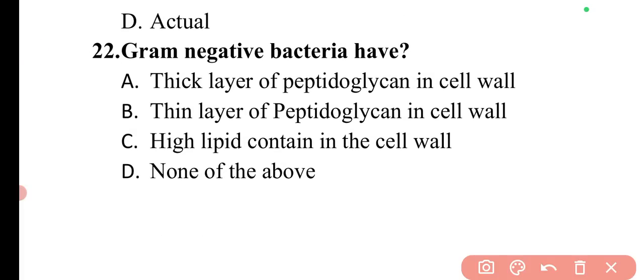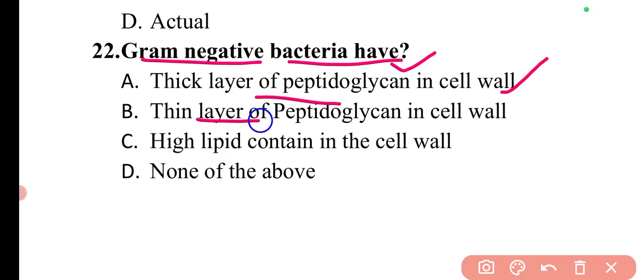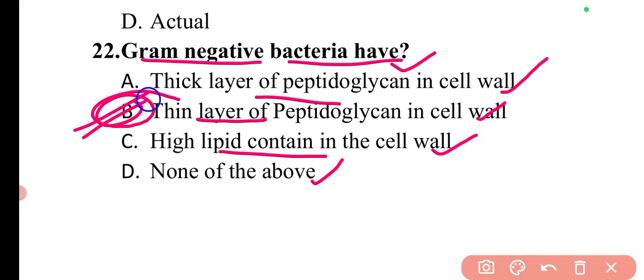Next question is, gram-negative bacteria have. Options are thick layer of peptidoglycan in cell wall, thin layer of peptidoglycan in cell wall, high lipid contained in the cell wall, or none of the above. The correct answer is option number B, thin layer of peptidoglycan in cell wall.